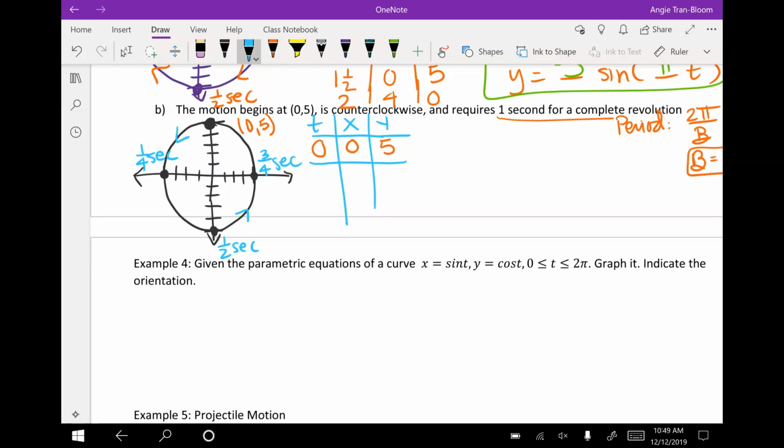Then a quarter of a second later, where is it on the x location? -4, and y location would be 0. Then a half of a second later, where is it on x? 0. Where is it on y? That's right. Then 3/4 seconds later, where is it on x? 4, and y would be? And then as you know, a full second, I'm back to where we started.